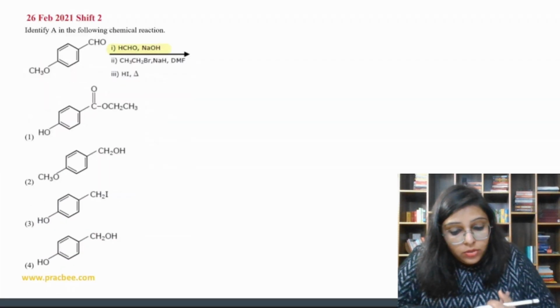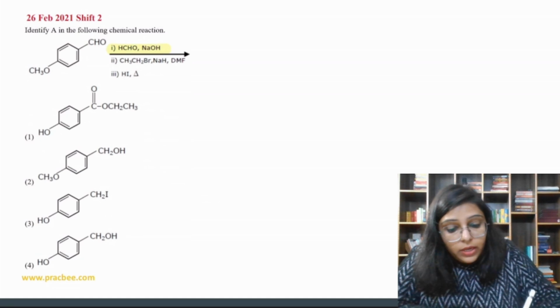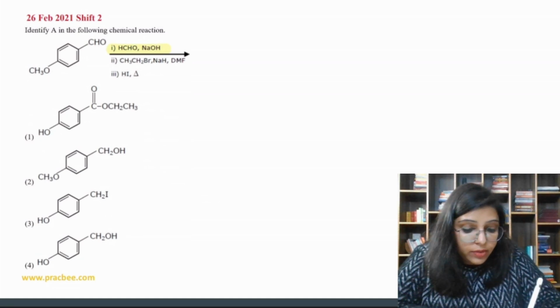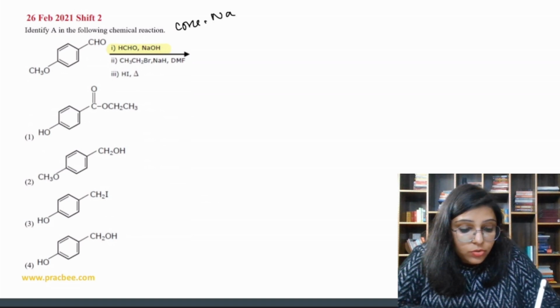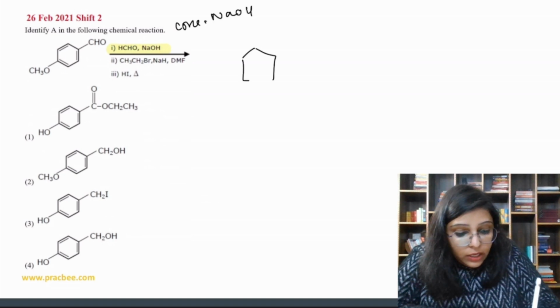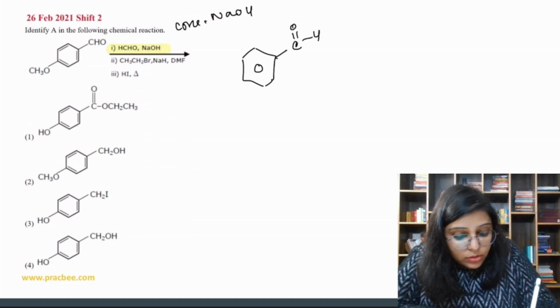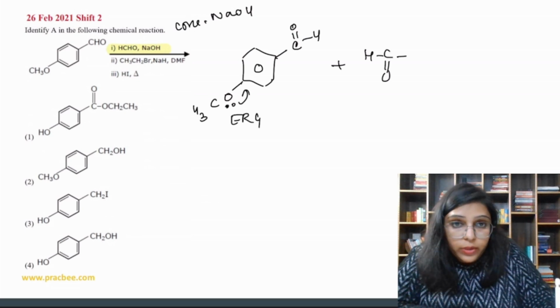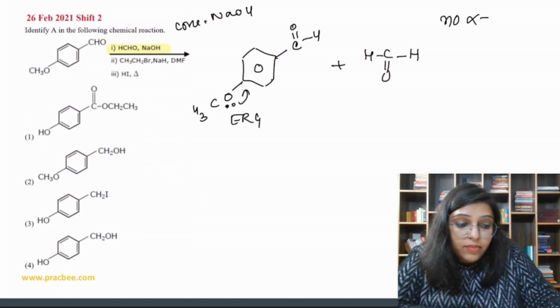Now next question, HCHO and NaOH. Now look, here concentrated NaOH is not given, but if you see, this is CHO and this is OCH3, an electron releasing group, and we have HC double bond O. We do not have alpha hydrogen.